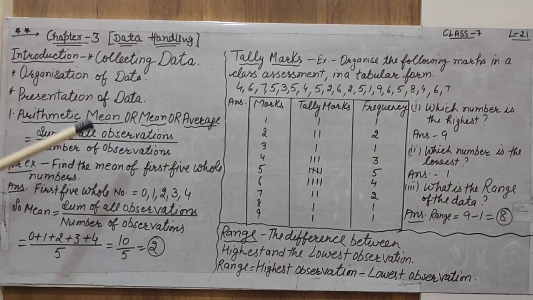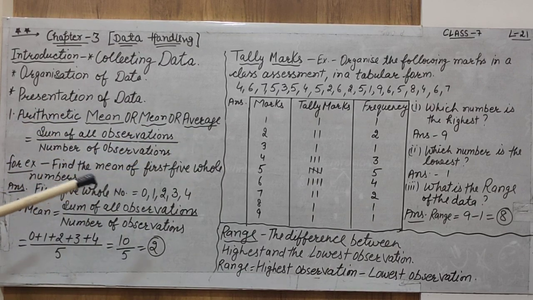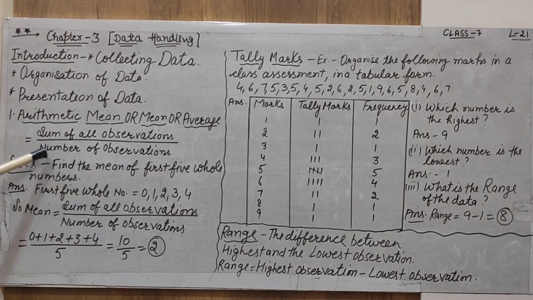And if simple numerical numbers are given, then numbers are given in random positions. So the formula to find the mean is the sum of all the observations divided by the number of observations. We have to count how many observations are given: 2, 3, 5 and so on.